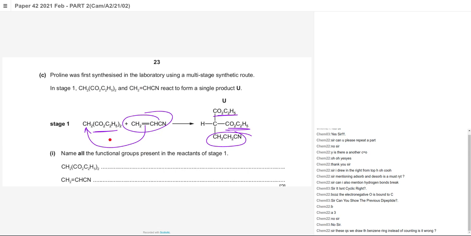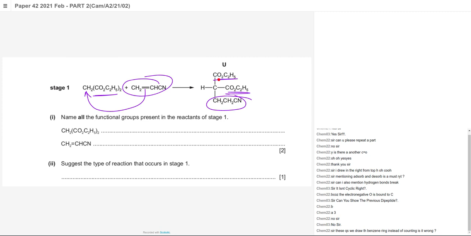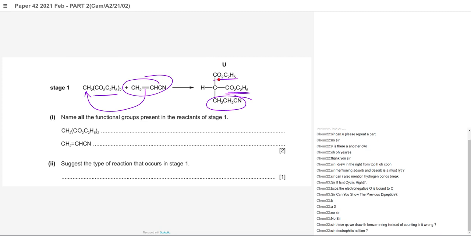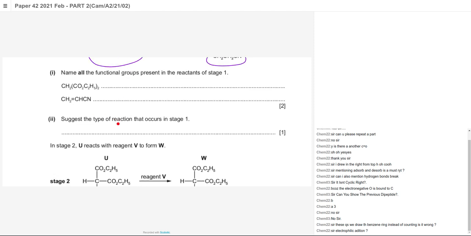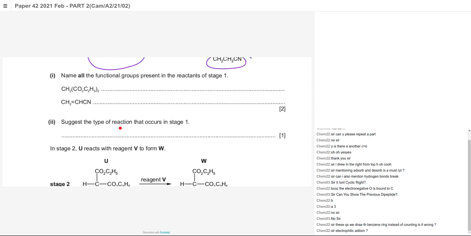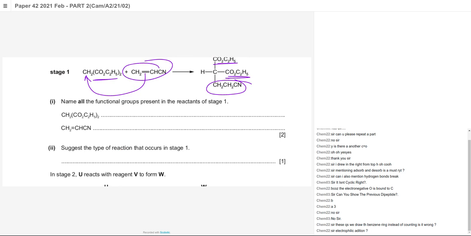Stage 1 has to be an addition reaction, because two reactants react to form one product. Electrophilic addition, because it is a carbon-carbon double bond molecule.